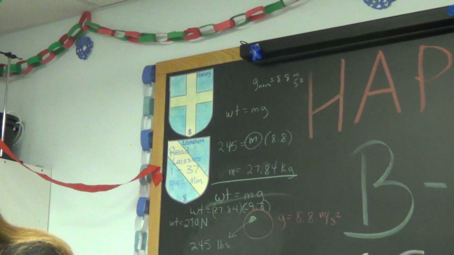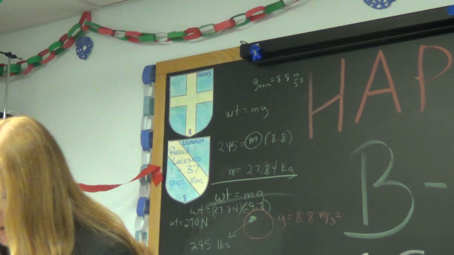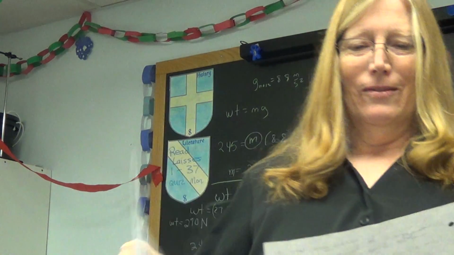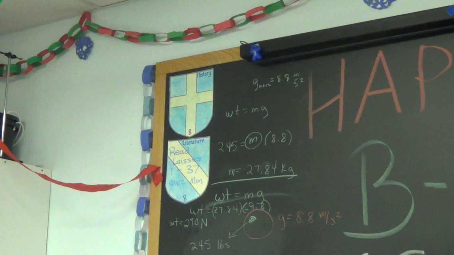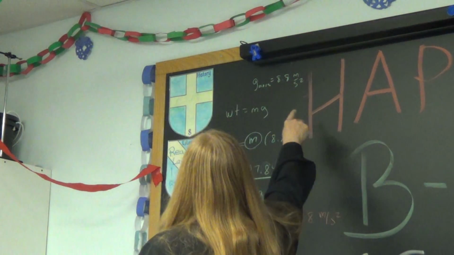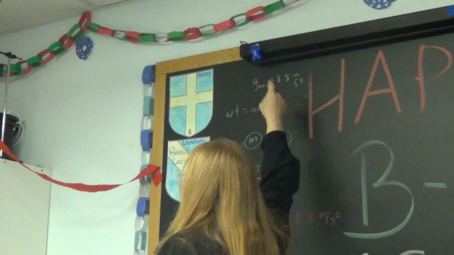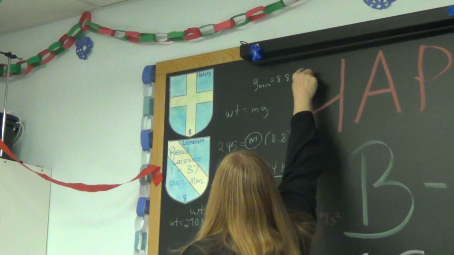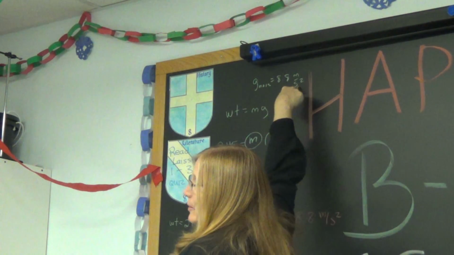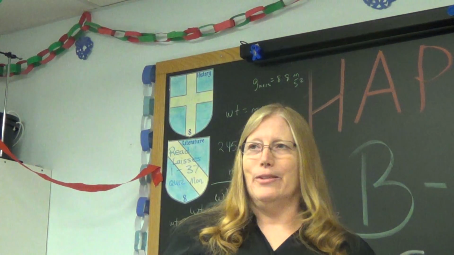I was staying in English, I was staying in pounds, and I got the same number. How did you stay in pounds? You didn't know this in feet per second squared, so you can't go to pounds in that one.